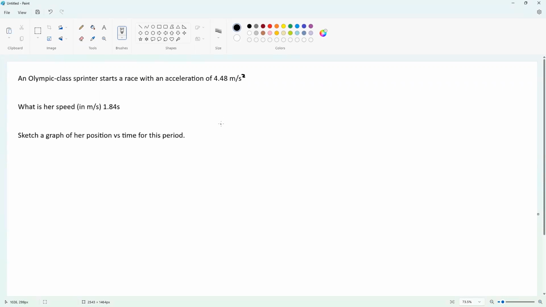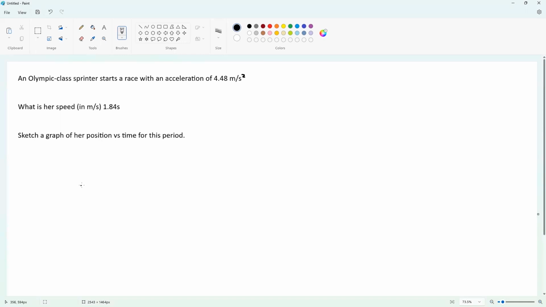Matthew, can you describe to me a situation where you would be accelerating? Give me any example. Is it when we increase the speed, right?